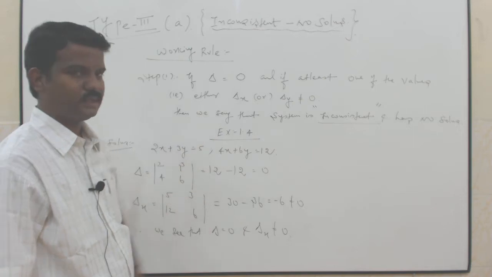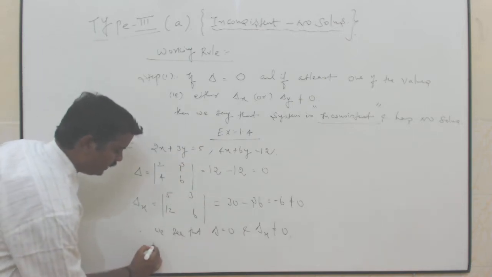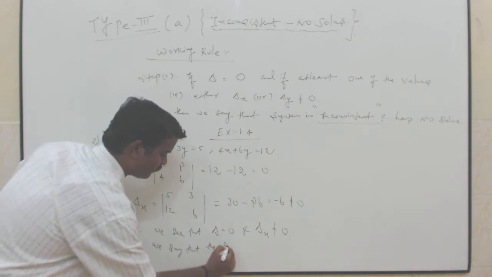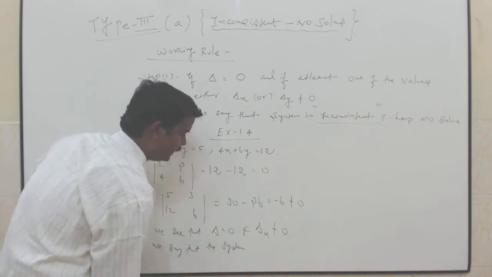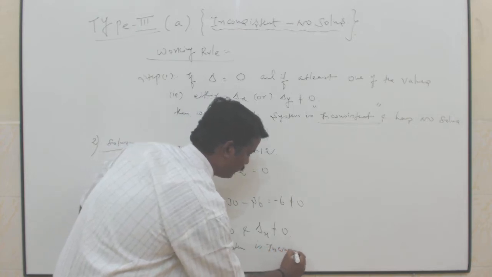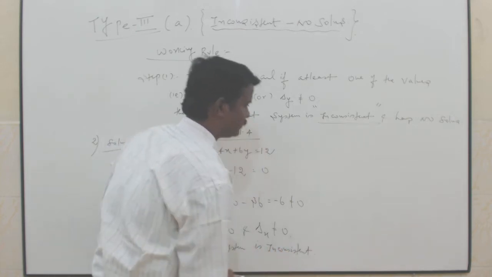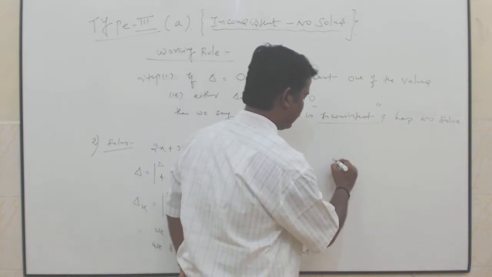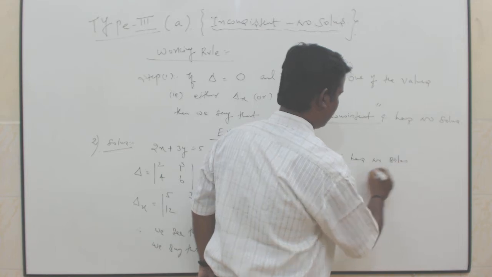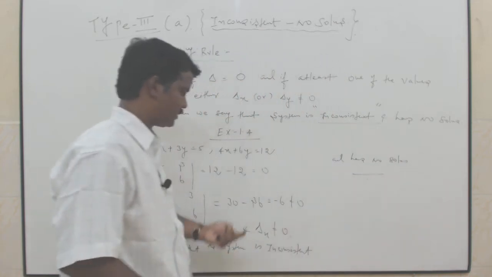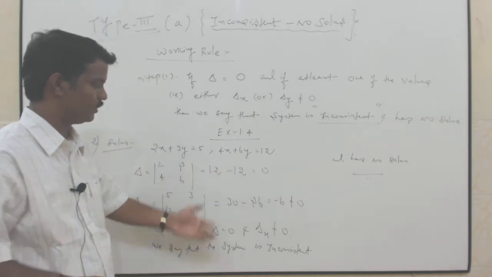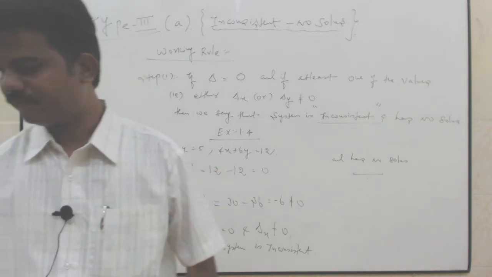By the above result, we say that the system of linear equations is inconsistent and has no solution. This might be asked in 3 marks, right? Just two steps you have to prove, a very simple sum.